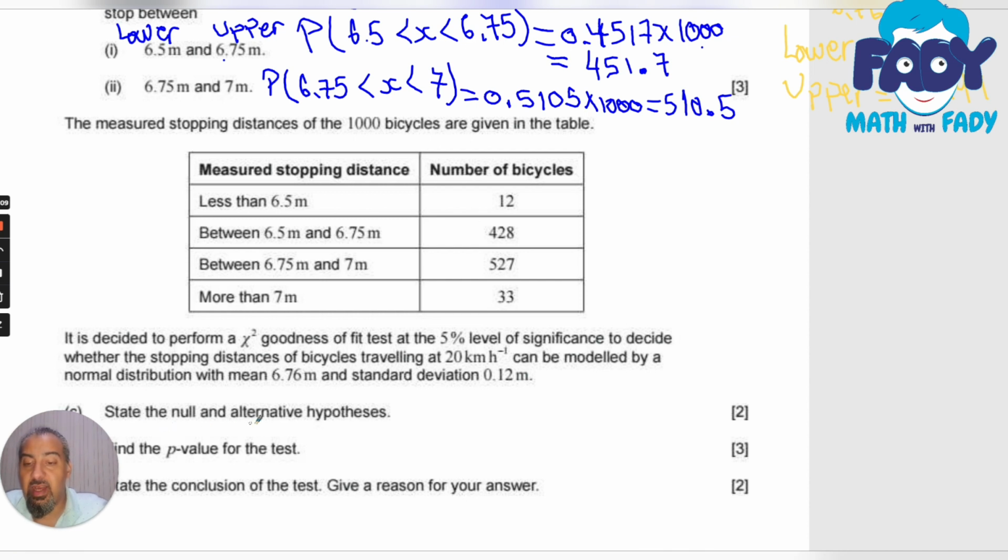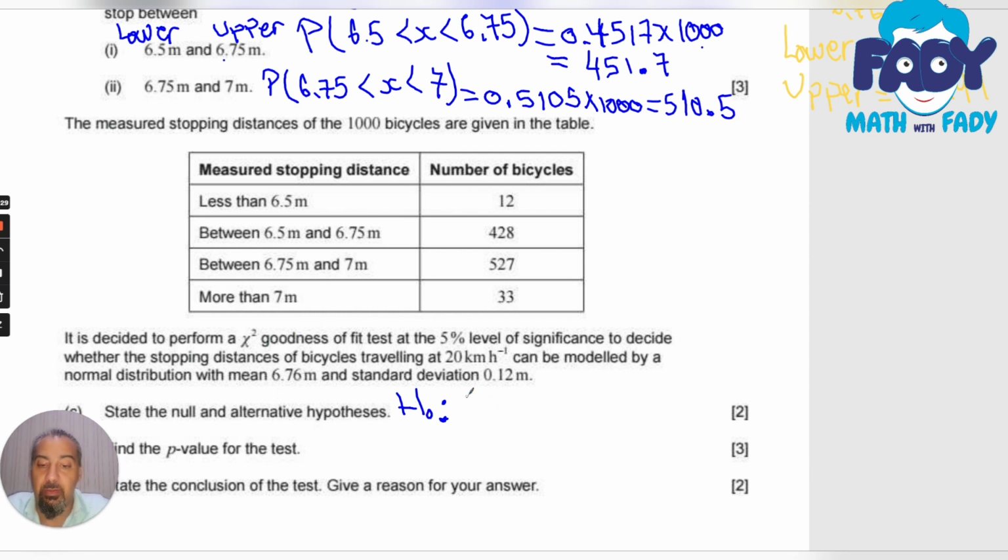State the null and alternative hypothesis. So the null hypothesis, what we need to test is we need to check if the stopping distance can be modeled by this normal distribution or not.